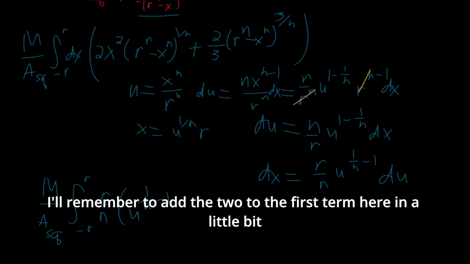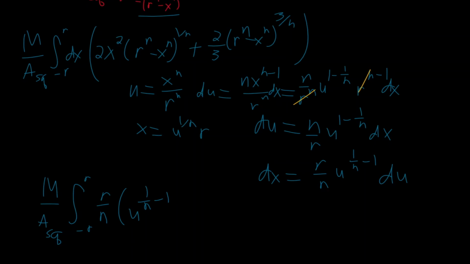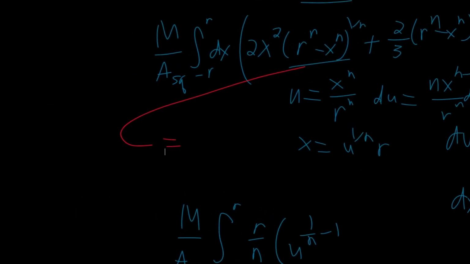And then what is this r to the n minus x to the n term in terms of u? If we factor out an r to the n out of this whole expression, we find that it's equal to r times (1 minus x to the n over r to the n) to the 1 over n, just by properties of exponents.